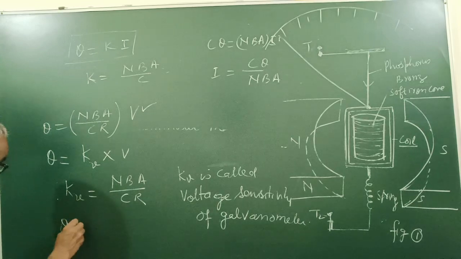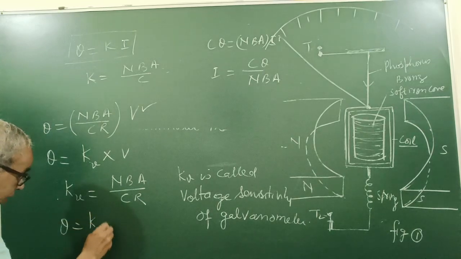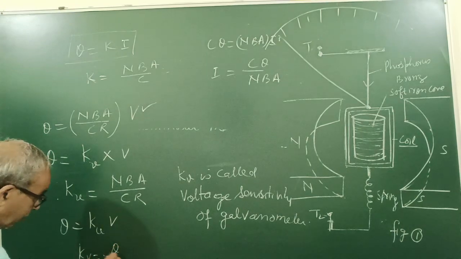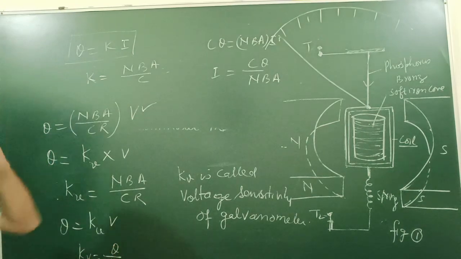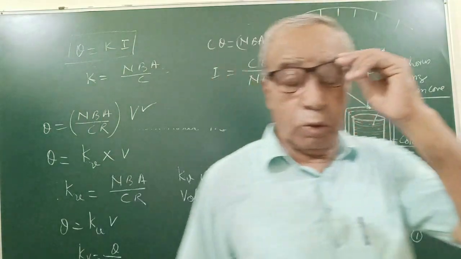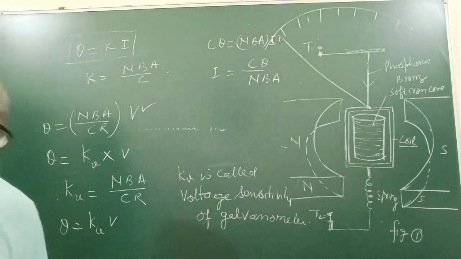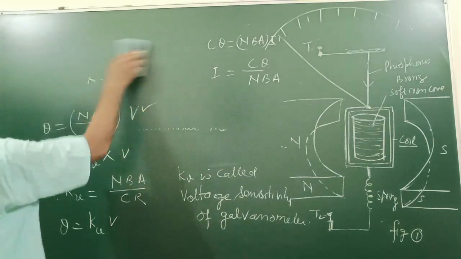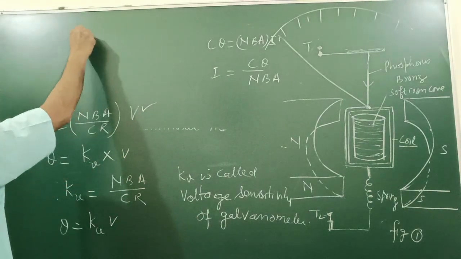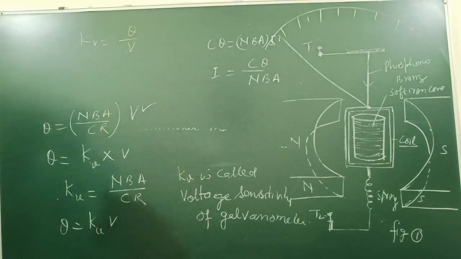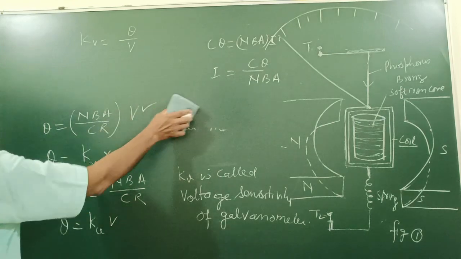K_V is equal to theta upon V. Voltage sensitivity is numerically equal to deflection per unit voltage. Deflection per unit volt is called voltage sensitivity.